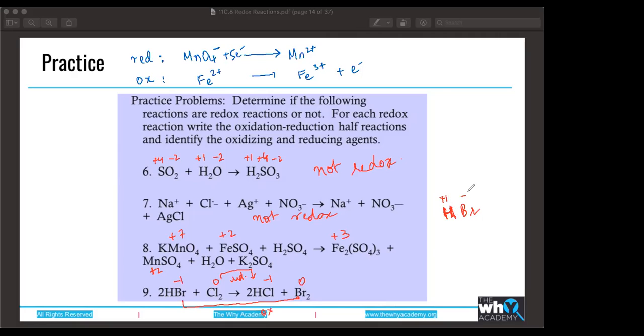So bromine will be -1. Same as HCl: H takes +1, Cl takes -1. Okay. Any other doubts?